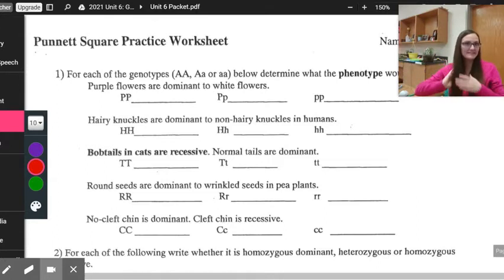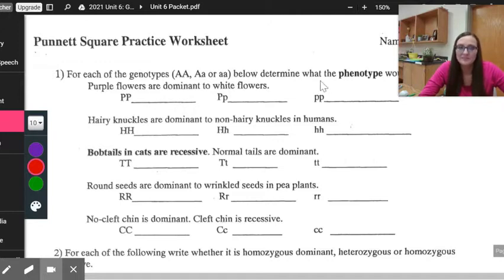So if your genes say, let's build brown hair, then your phenotype would be brown hair. It's just your physical appearance, or the physical appearance of whatever trait we're studying at the time. All right, so let's jump in because this seems pretty simple.